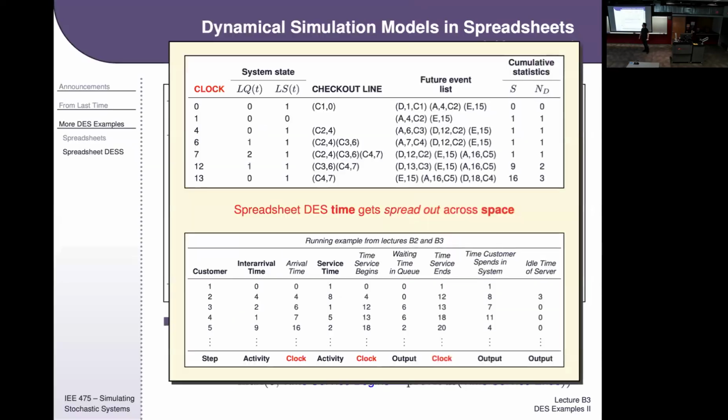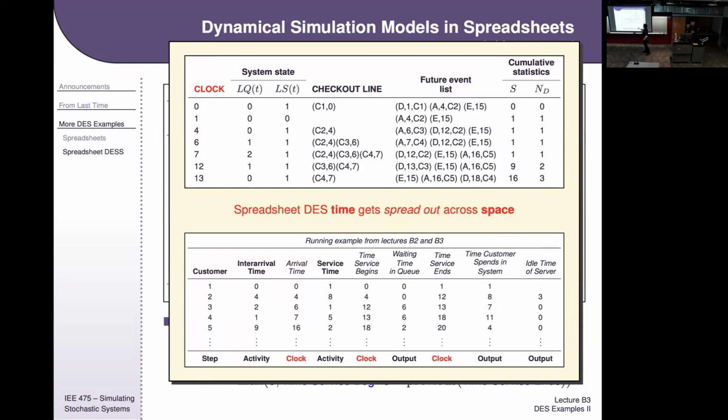Okay. So the key thing here is that in our hand simulation, we spread out the solution across time, but in our spreadsheet simulation, we spread out the rows by space. So the relationships are between customer and customer, and also time is involved here too.